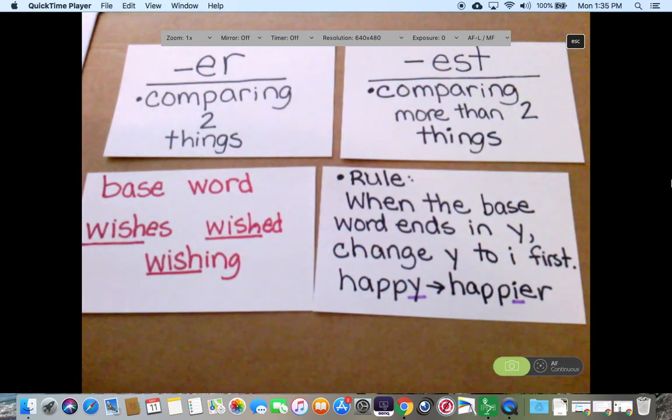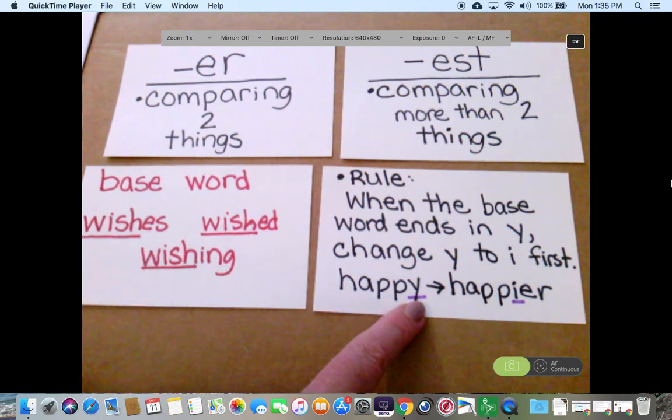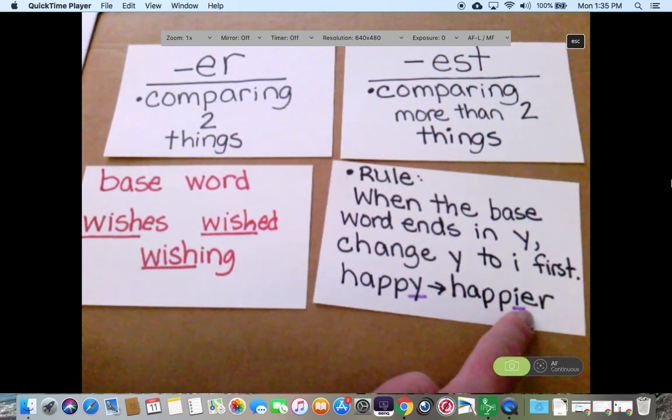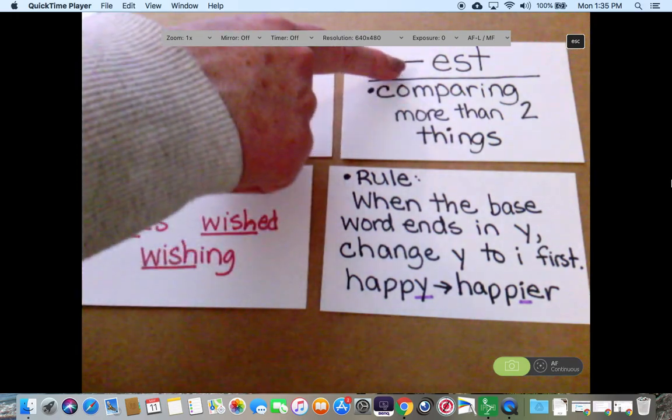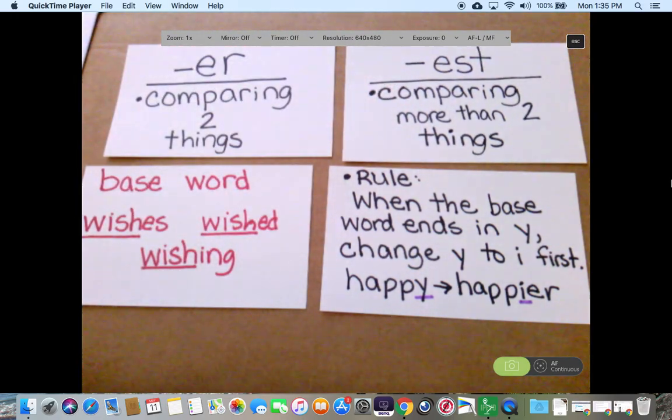If I was trying to say, she was happier than he was, comparing two, I would change the Y to I and add ER. If I was comparing more than two people, I might say something like, of all the children, she was happiest. Because again, I use EST when I'm comparing more than two things.